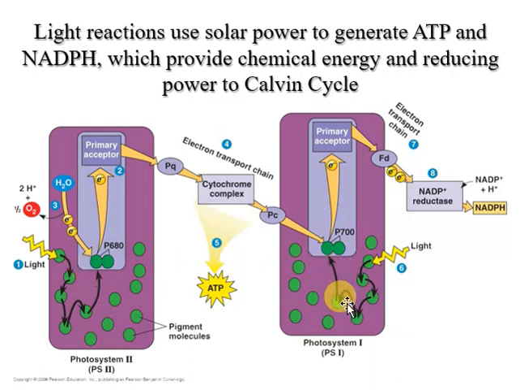So the electrons reach your P700. That causes your P700 to move to a higher energy state, an excited state. So they're carrying a higher energy electron now. And that photoexcited electron is transferred to photosystem 1's primary electron acceptor. Basically the same thing that happened in photosystem 2.